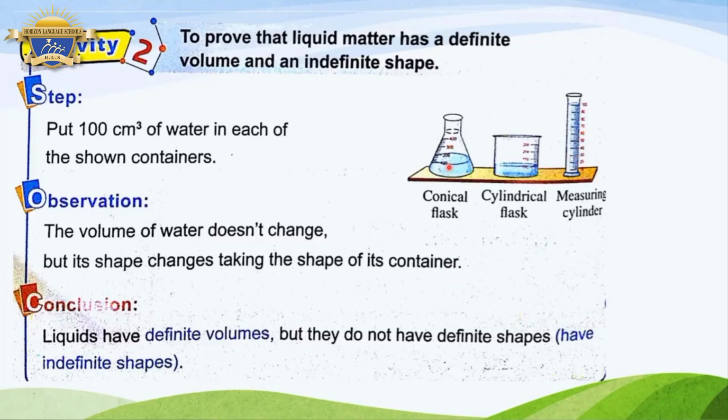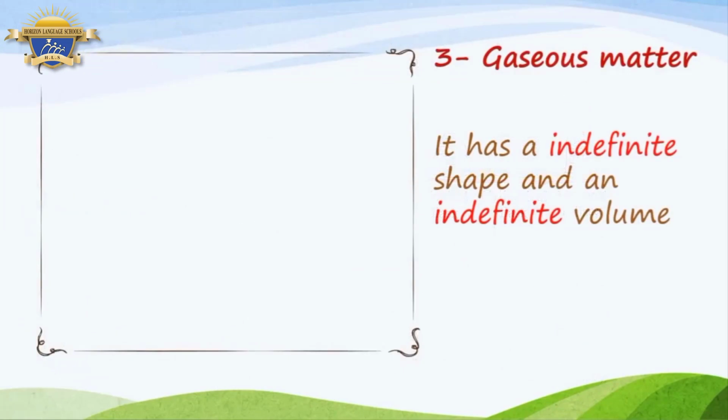So does the volume change? No, but the shape of the water changes according to the change of the container. Conclusion: liquids have definite volumes, but they don't have definite shape. Why? Because they take the shape of the container, so they have indefinite shapes.